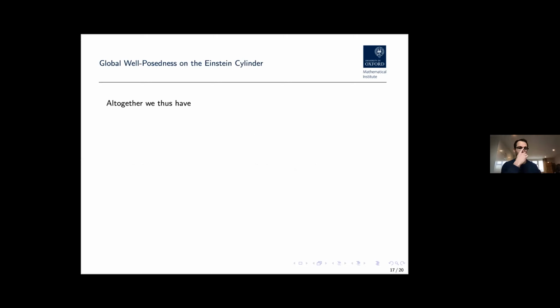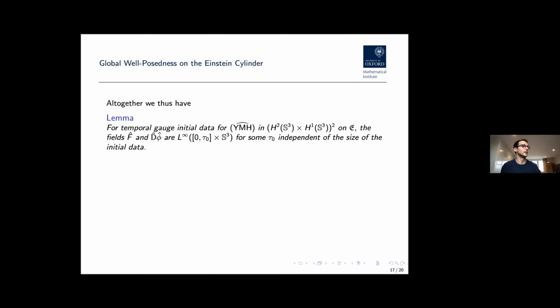And altogether, what do we end up with? One can see that you can start with H2 cross H1 initial data on the Einstein cylinder, take such a small conical patch on the Einstein cylinder, map it back to Minkowski space, deduce that you have local H2 cross H1 data on Minkowski space, use the localized L-infinity estimates, and map those back to the Einstein cylinder to deduce that you have L-infinity bounds on F and d phi on the cylinder.